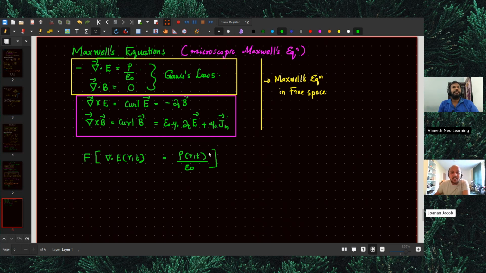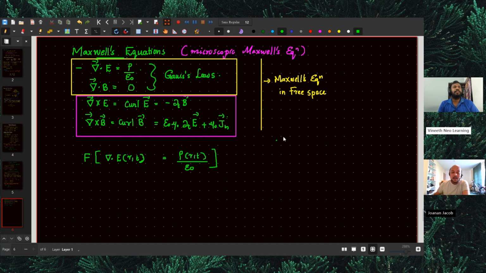Charges can be created and annihilated. Casimir effect? That's a quantum effect, yes. But suppose we are taking the change in charge density with respect to space.